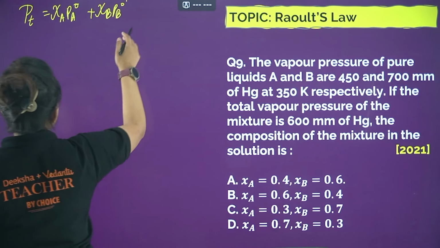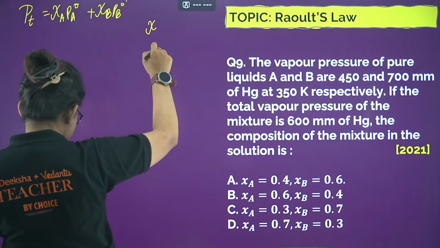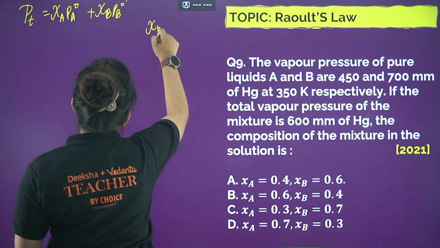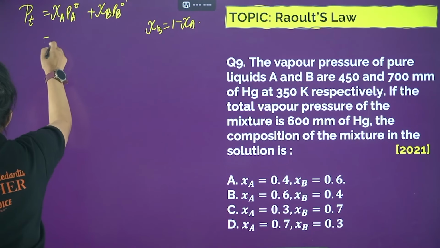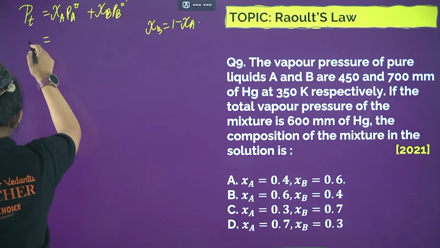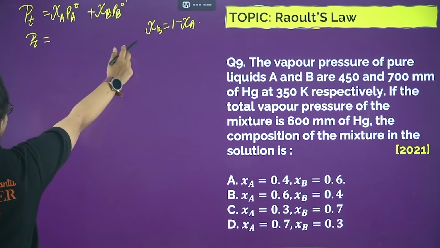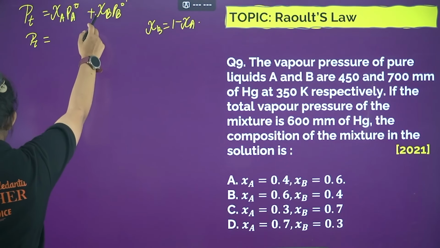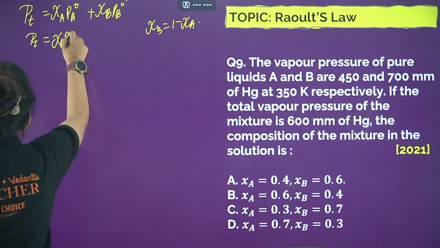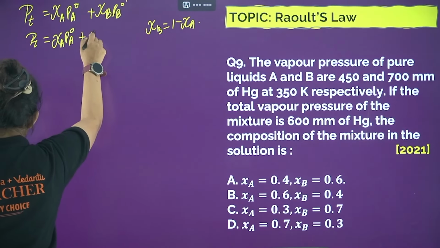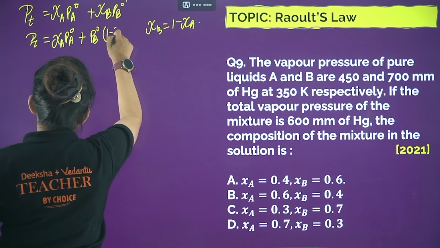Now, XB can be written as 1 minus XA, and if you substitute this here, your P total will be XA into PA0 plus PB0 into 1 minus XA.